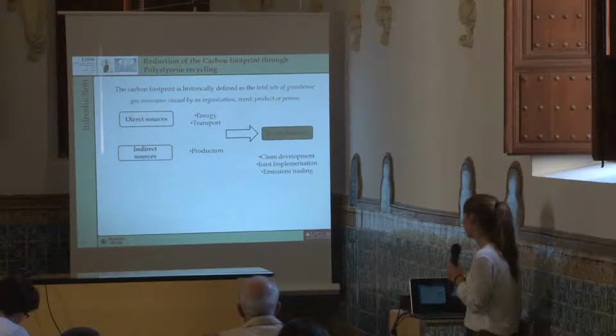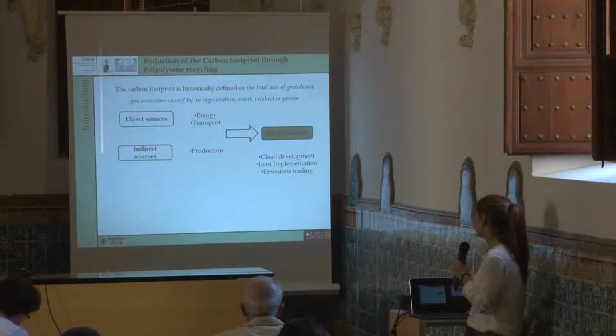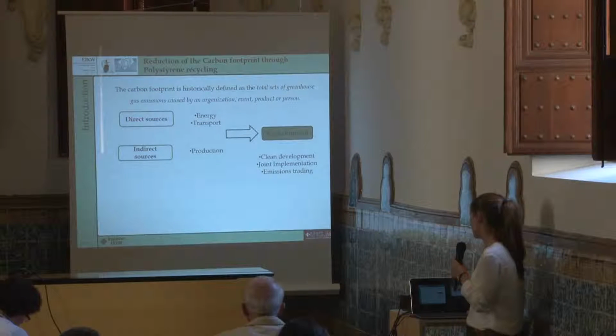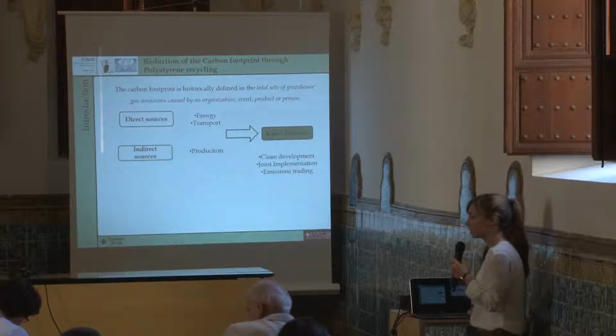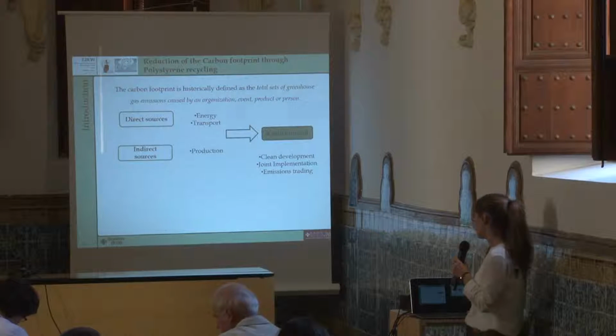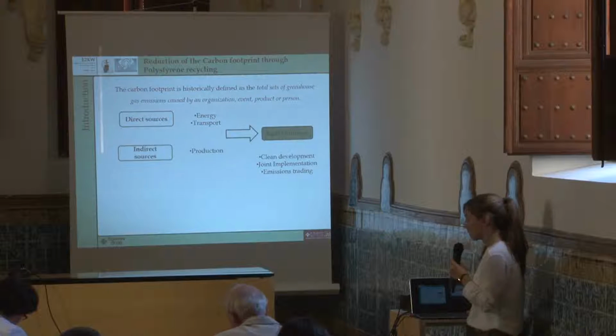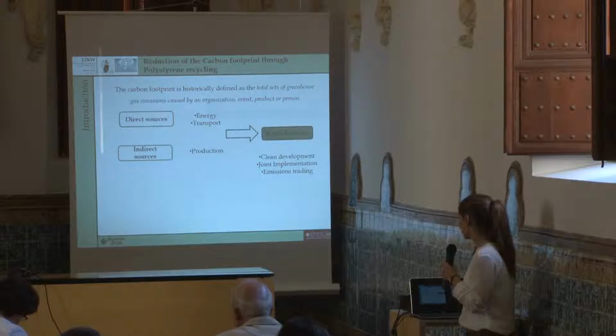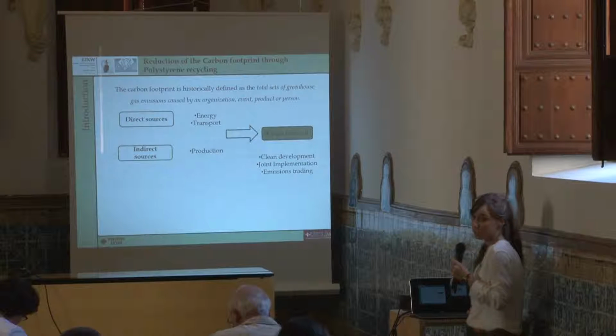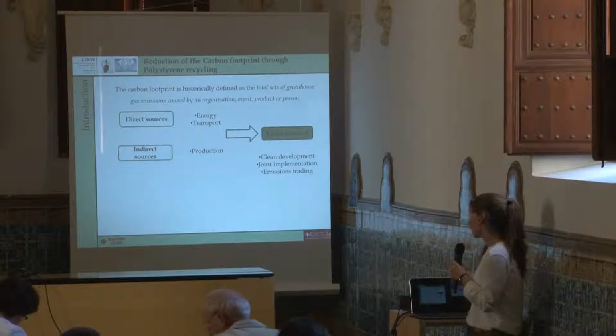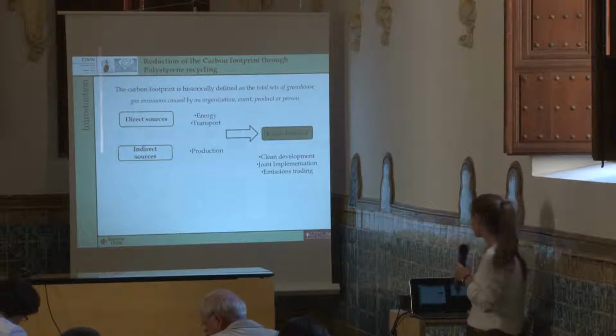These three mechanisms are clean development, joint implementation, and emission trading. Clean development consists of the reduction of emissions, while emission trading is a market-based approach that consists of an incentive in order to reduce the pollutant.